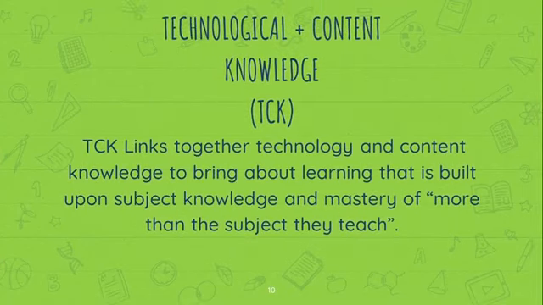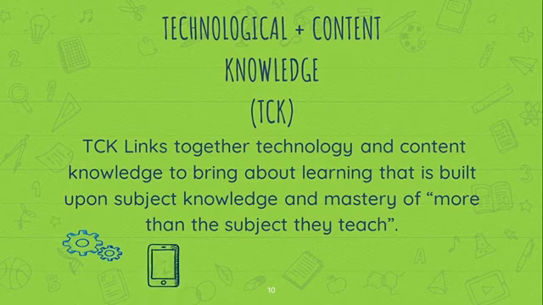Technological plus content knowledge, or TCK. TCK links together technology and content knowledge to bring about learning that is built upon subject knowledge and mastery of more than the subject they teach. It means understanding the relationship between content and tools, and the ability to modify and manipulate with tools.